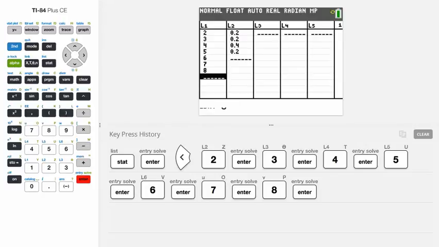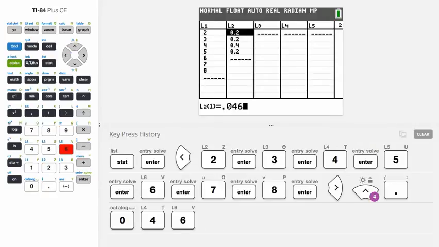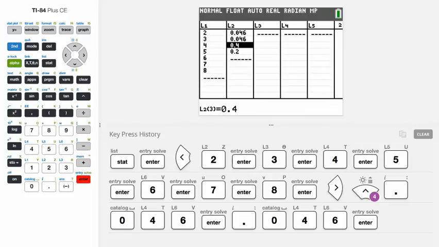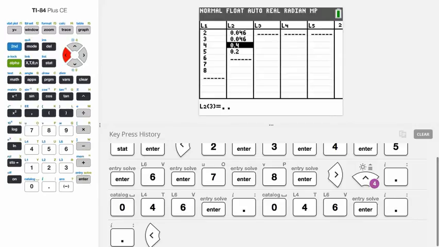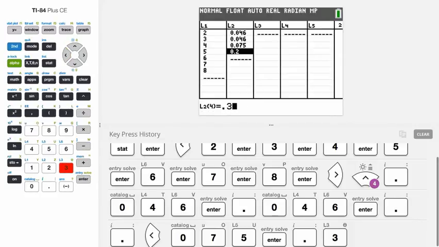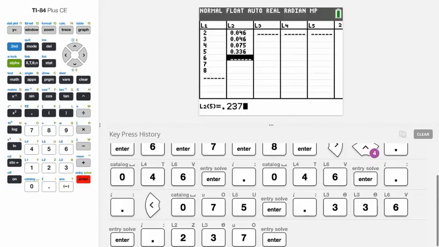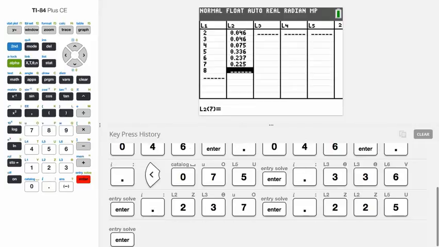Then in L2, I'm going to type their respective probabilities: 0.046, 0.046, 0.075, 0.336, 0.237, 0.225, 0.035.